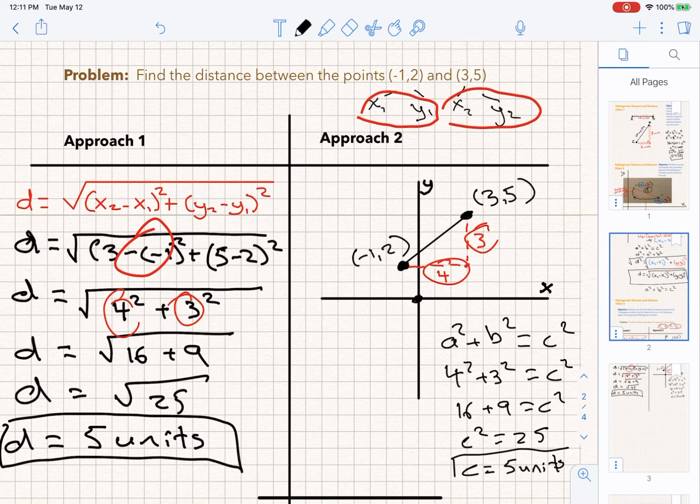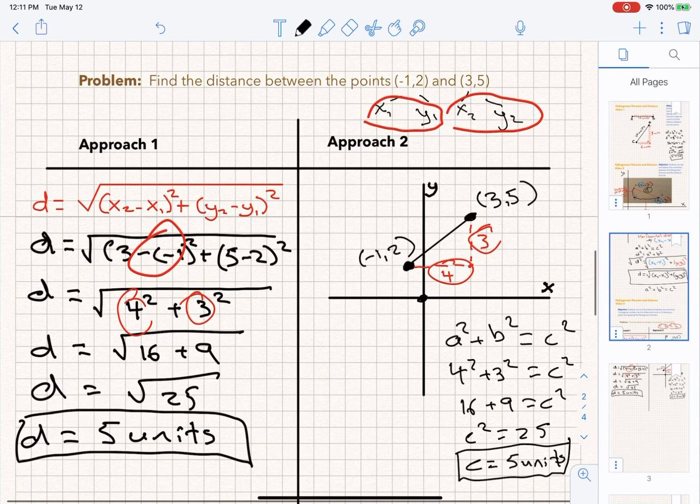Either way, ladies and gentlemen, whichever way you do it, the answer is going to be 5 units.